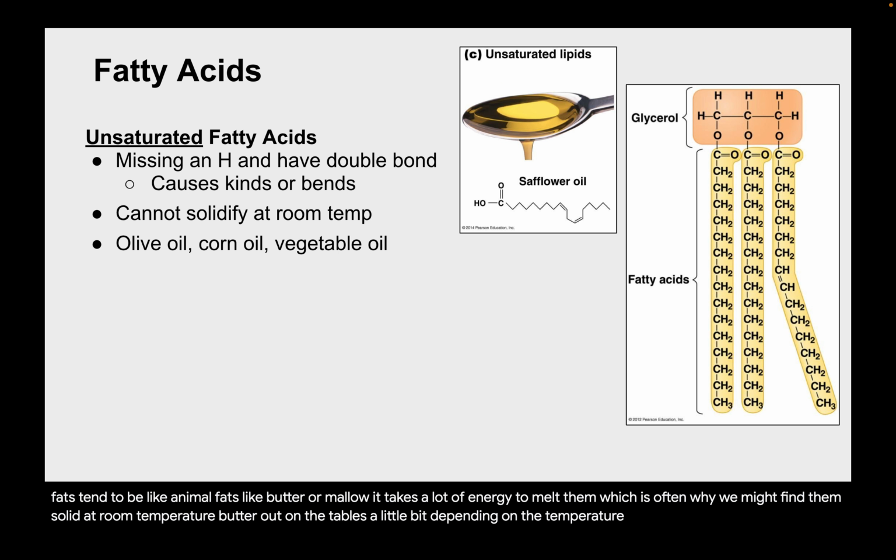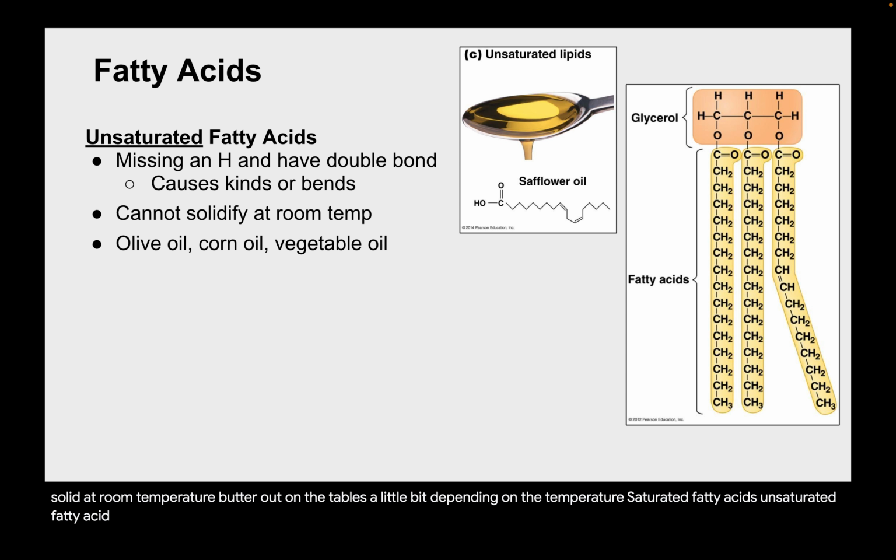All right, let's compare that to unsaturated fatty acids. Unsaturated fatty acids do not have the maximum number of hydrogens that they can hold because carbon is making a double bond somewhere within the fatty acid.